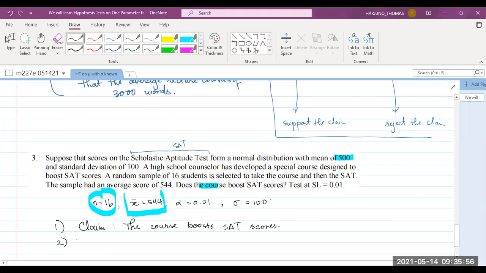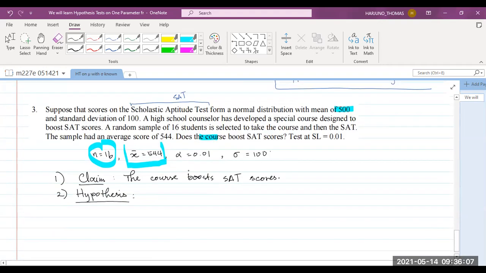Step 2, because boosting means the average is supposed to be higher, the hypotheses will be: null hypothesis, alternate hypothesis, mu is greater than 500. The null hypothesis is mu less than or equal to 500, or you can use the equal sign if you like. This is a right tail, and that's the claim.